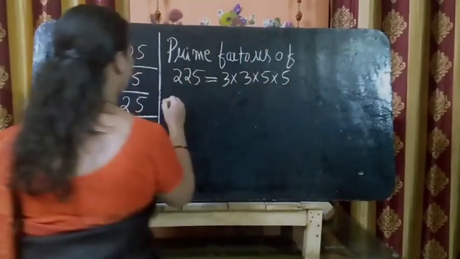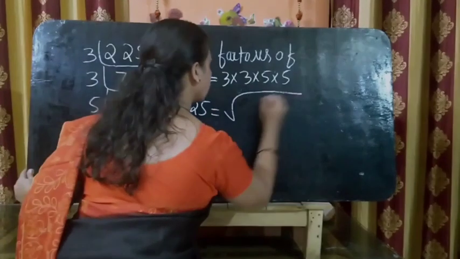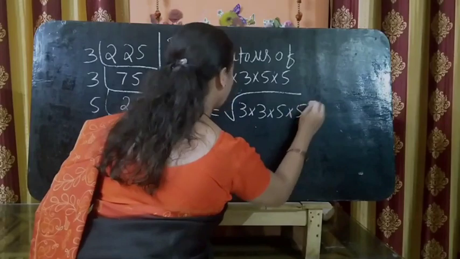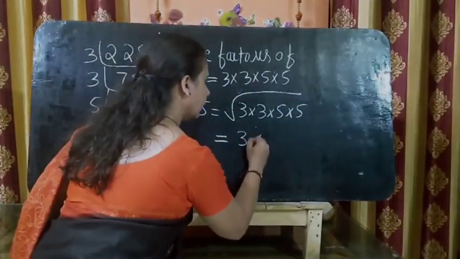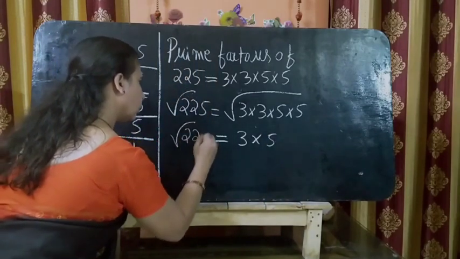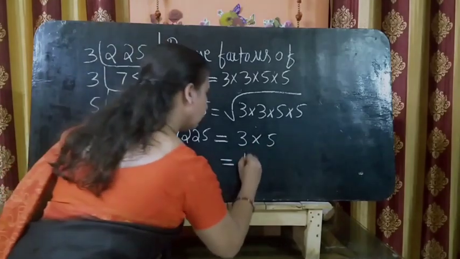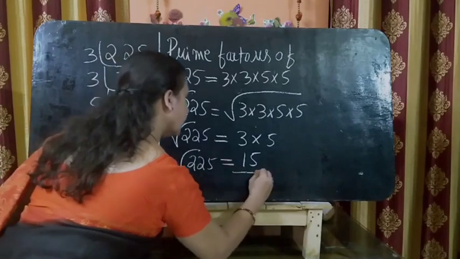Then square root of 225 equals 3 into 3 into 5 into 5. That equals 3 into 5. Square root of 225 equals 3 5s are 15. Then square root of 225 equals 15.